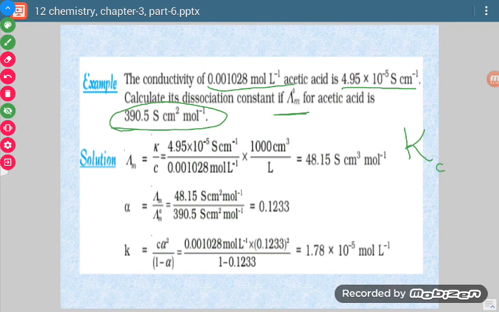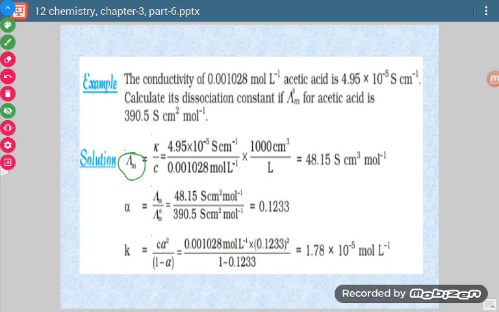Now Kc needs alpha, and alpha needs lambda m and lambda m naught. Here in this question the lambda m naught value is given. So what is required? Lambda m at the given concentration is required. Lambda m at the given concentration is equal to kappa over concentration in moles per liter. So first of all we will calculate the value of lambda m.